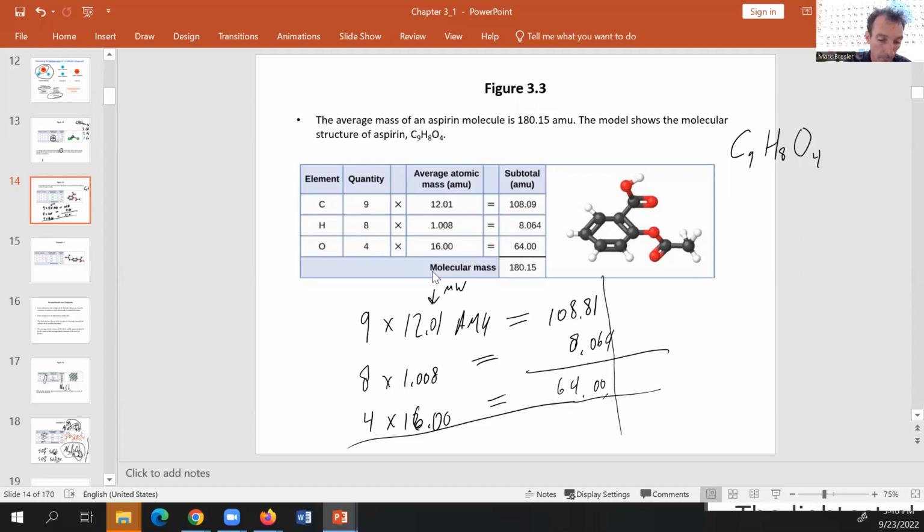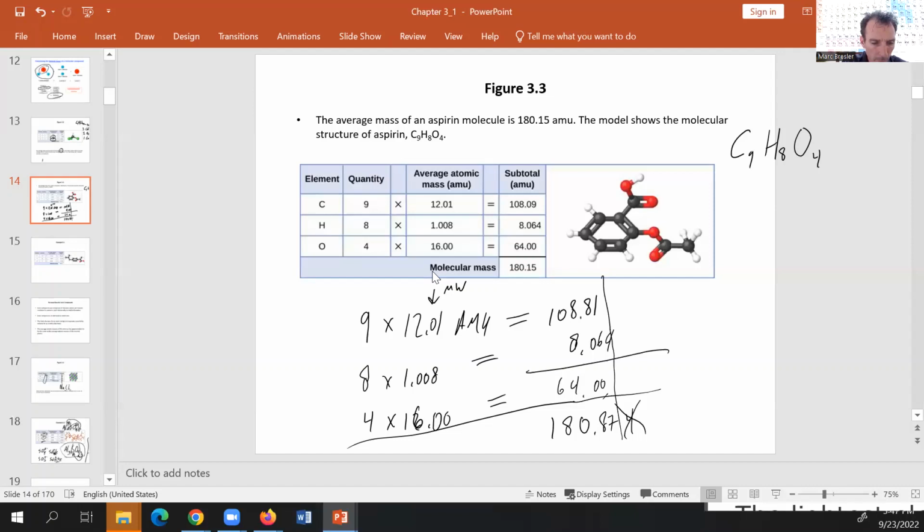So this, you end up chopping that off there. 108.81 plus 8.064 plus 64. So you get a lot of practice with your calculator and adding these guys up. 180.874. So now the 4 gets dropped off. So it's less than 5, so you don't round it.